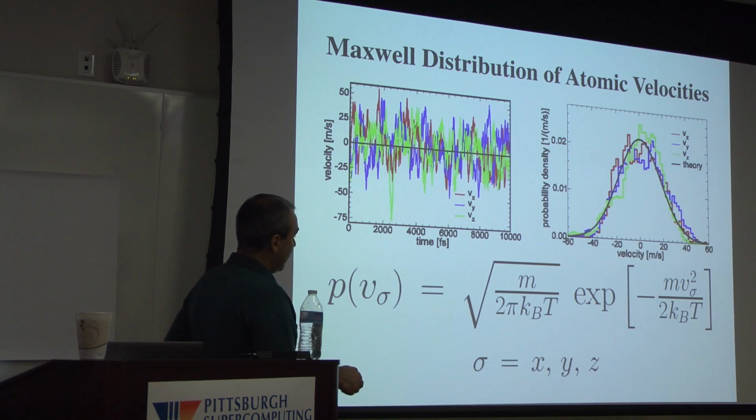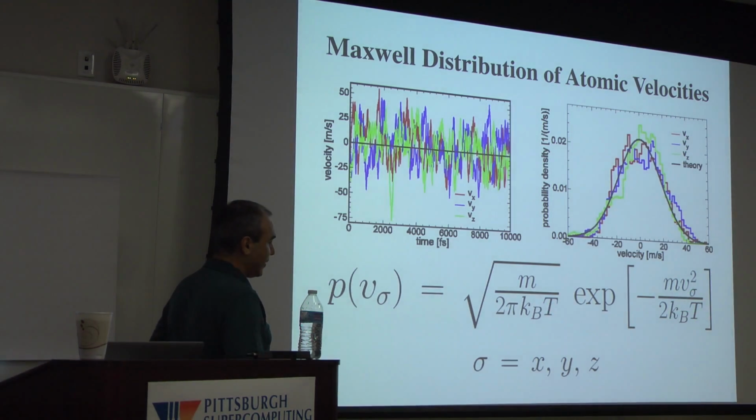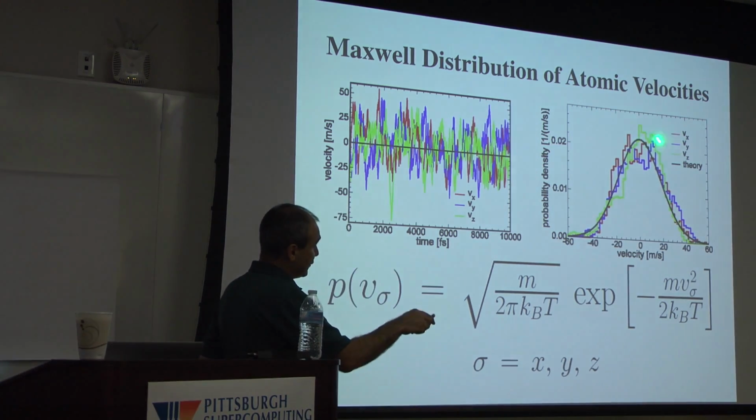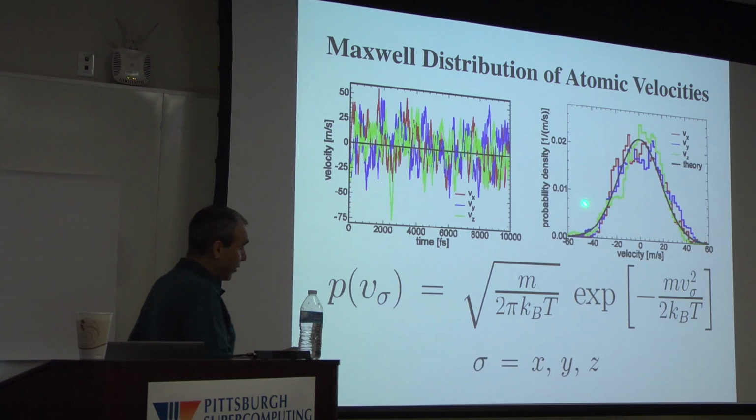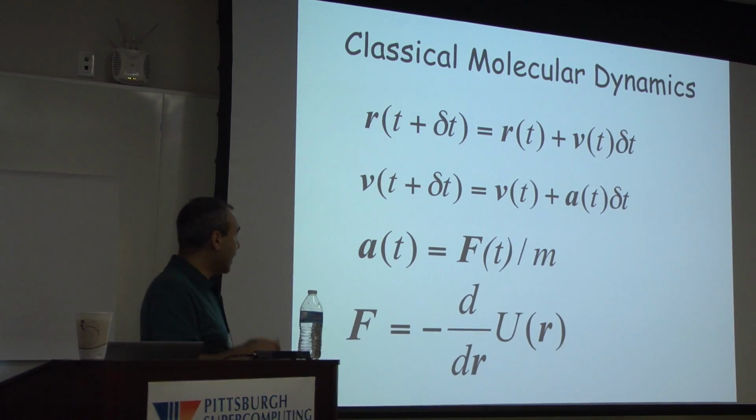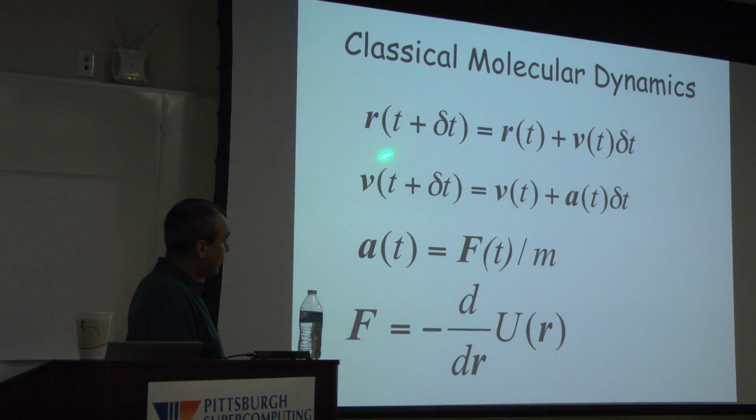This comes from the Maxwell distribution of atomic velocities, in which your temperature is included, and by adjusting the temperature, you can get the kind of distribution that you would like. And from this probability distribution, you randomly assign these velocities to the atoms in the molecular system. This has to be done only in the beginning of the simulation, because at a later time, every time you are calculating your velocity based on the initial velocity and the acceleration.